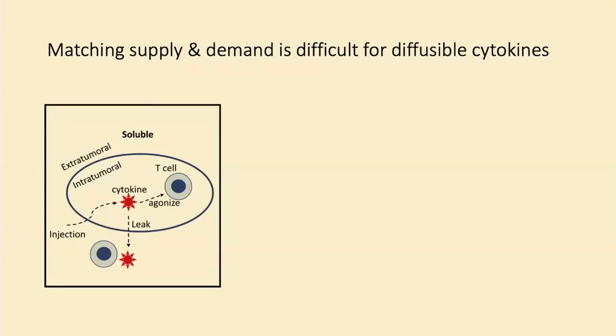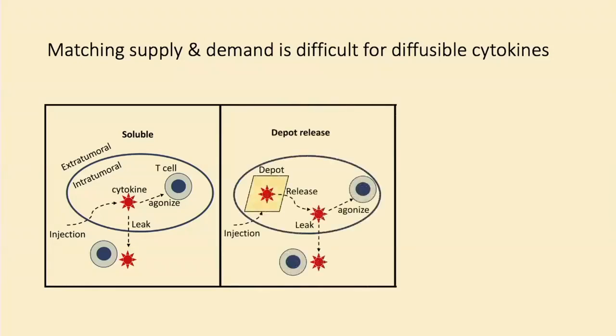But then you've got a leakage rate. Now, if you were going to just inject the cytokine, if you put just the right amount in, conceivably, you could get consumption before too much of it leaked out. But the number of T cells changes, and tumors vary in terms of how much they leak. So getting that balance right in any robust way would be difficult.